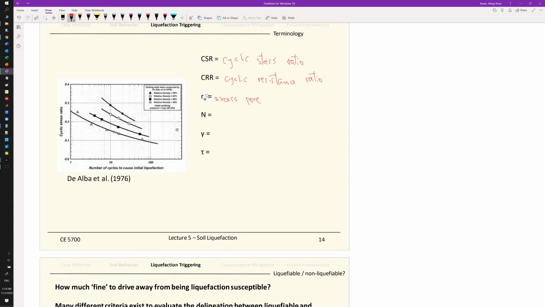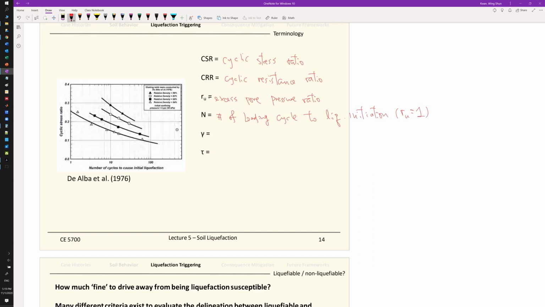We talked about this in the cyclic simple shear test. So cyclic pore pressure ratio, and N is the number of loading cycles to trigger soil liquefaction, or to liquefaction initiation. Or in other words, it's the number of loading cycles to which R sub U equals 1.